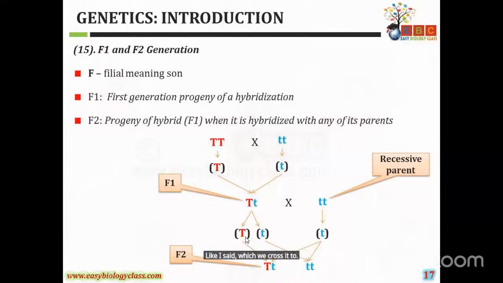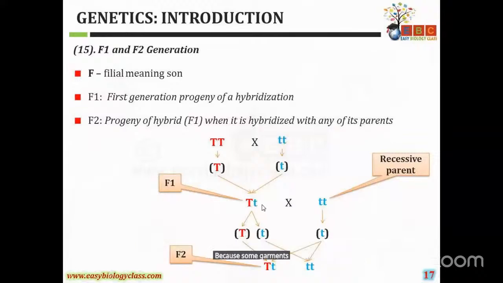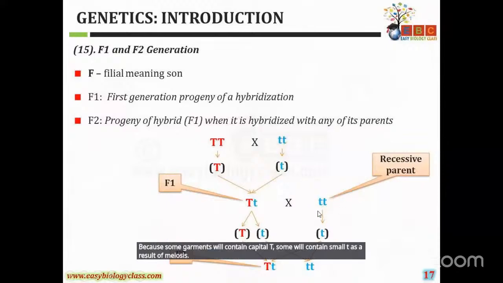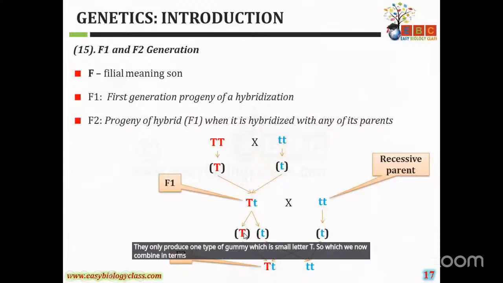Then each of them too will produce gametes. Look at the gametes produced by this individual. Some gametes will contain capital T, some will contain small t as a result of meiosis. But because this individual has the two alleles identical, they only produce one type of gamete, which is small letter t, which we now combine in turns. So suppose capital T combines with small t, you have this.